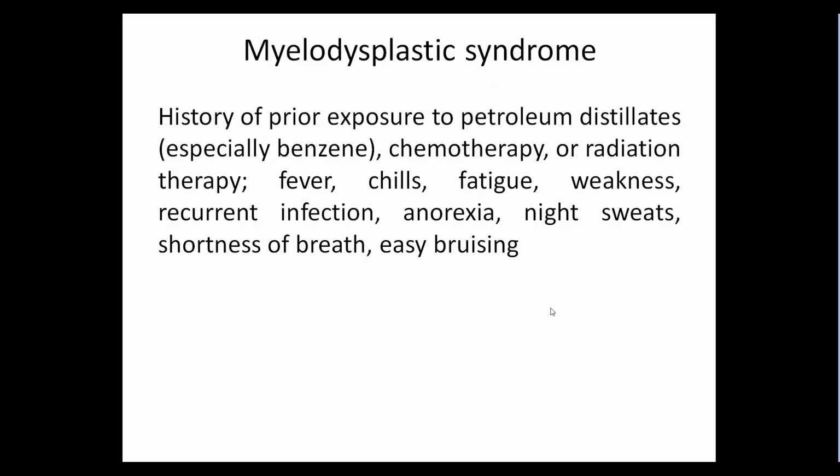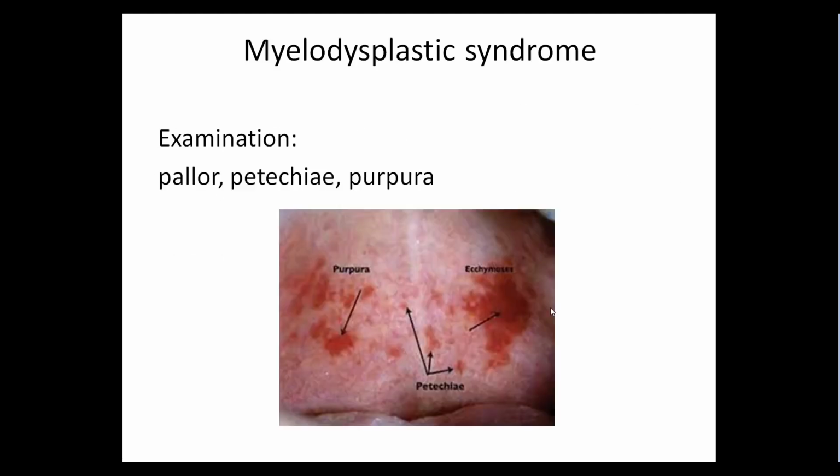Myelodysplastic syndrome. Symptoms: fever, chills, fatigue, weakness, recurrent infection, anorexia, night sweats, shortness of breath, easy bruising. Examination: pallor, petechiae, purpura.